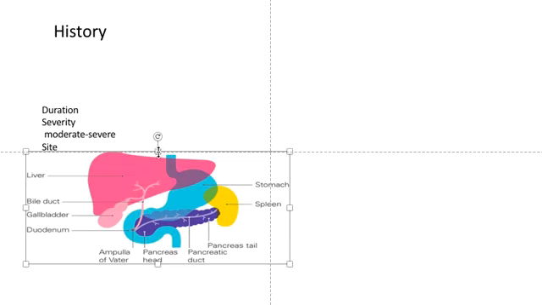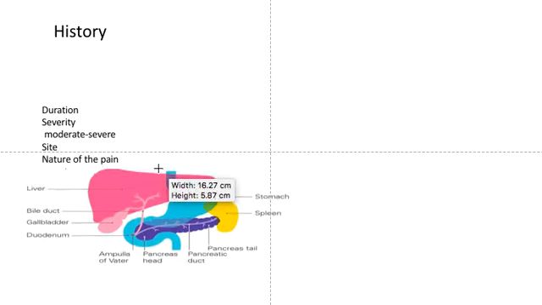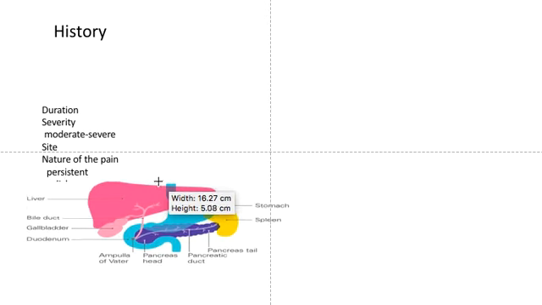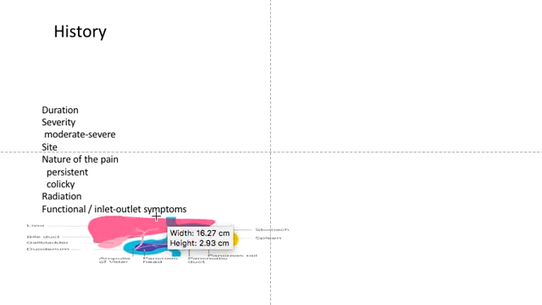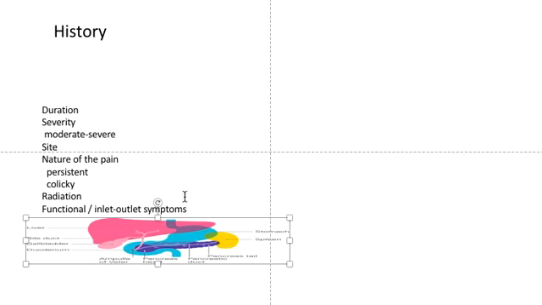So these functional and inlet outlet symptoms are important, and will help you, along with the site, to reduce the organs involved.